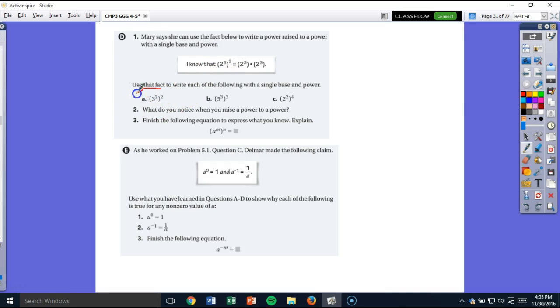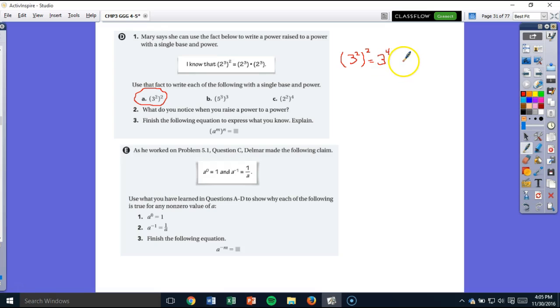So let's take that thought process right here with 3 squared to the second, all of it raised to the second power. What we can do is multiply these two exponents together, and we leave our same base. That comes to 3 to the fourth.